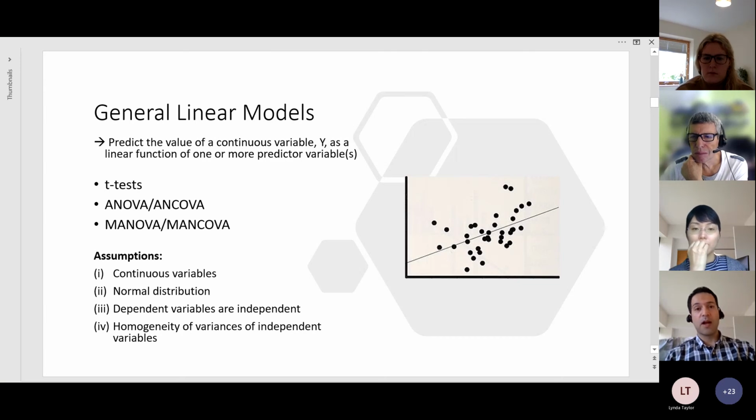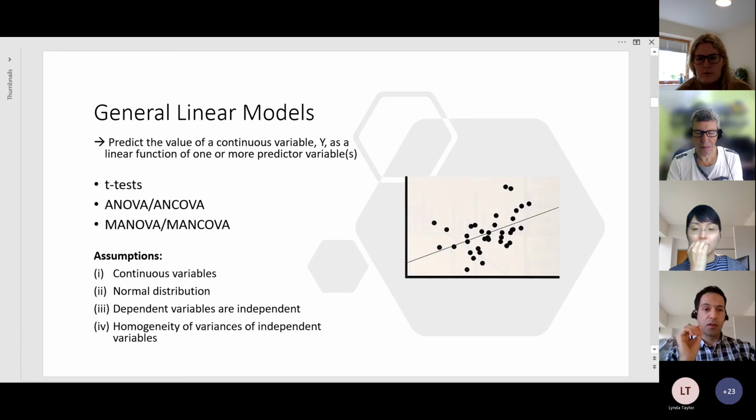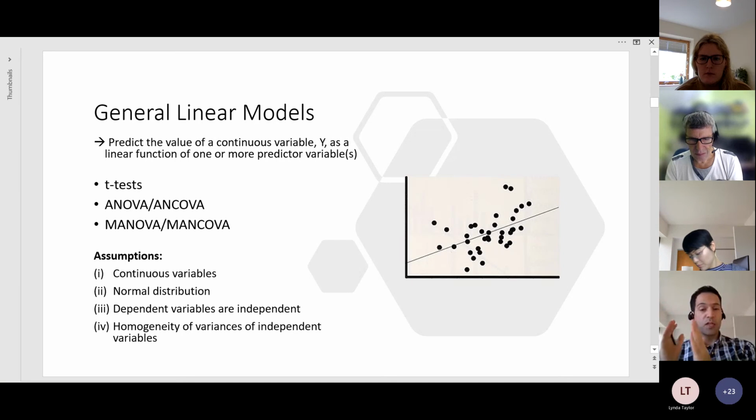For example, if you want to figure out whether there is a significant difference between males and females in terms of their listening ability or grammar or vocabulary scores, what you will use is a t-test, as you know. But if the number of levels in your independent variable is more than 2, for example, it's 3, let's say we have 3 types of citizenships, then we go ahead and use ANOVA.